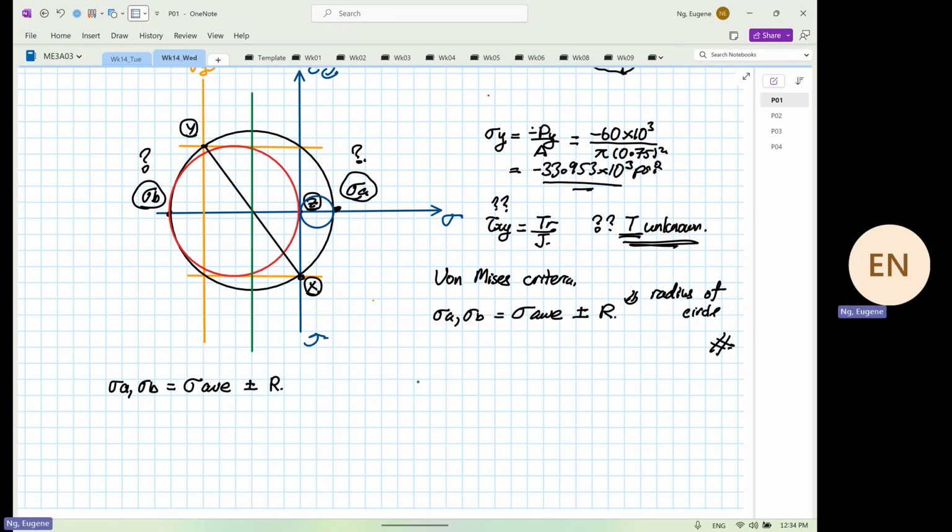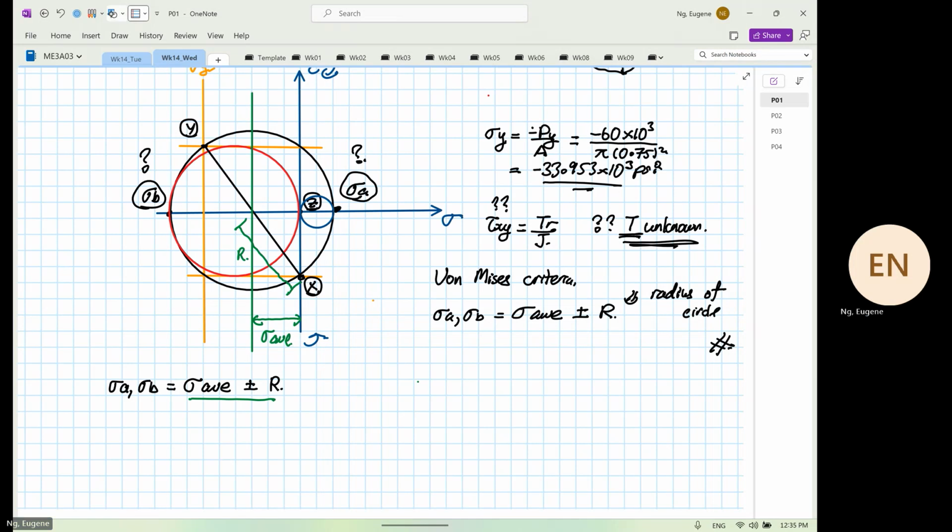Over here, so this is our stress average line, right? So the next thing we want to acquire is what is our radius. Okay. Right? We don't know what is our radius, and this formula tells us how to find stress A and stress B.